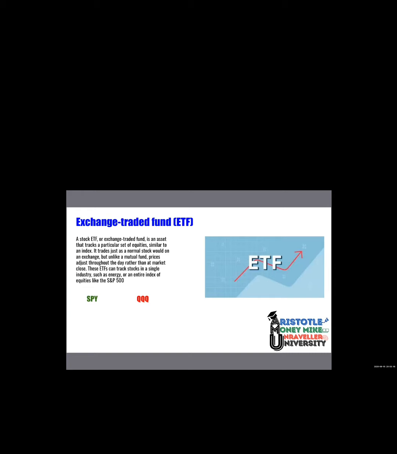It trades just like normal stocks would on an exchange, but unlike a mutual fund, prices adjust throughout the day rather than at market close. So SPY and QQQ will be the two main ETFs you will be looking at. QQQ is for the tech stocks, SPY is for the overall market, the S&P 500.